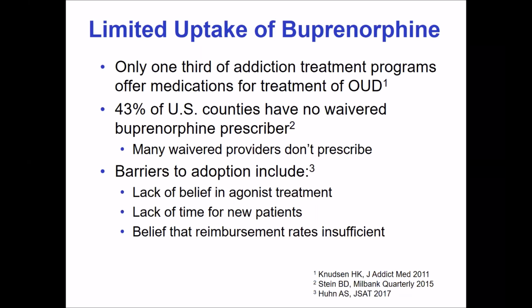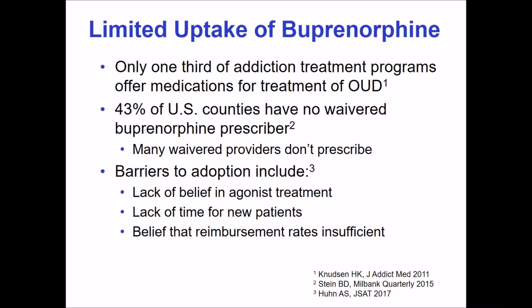And things are challenging in primary care as well. 43% of US counties have no waivered buprenorphine prescriber. And many of those who are waivered and able to prescribe buprenorphine are not prescribing buprenorphine. So lots of challenges to support people in adopting this.